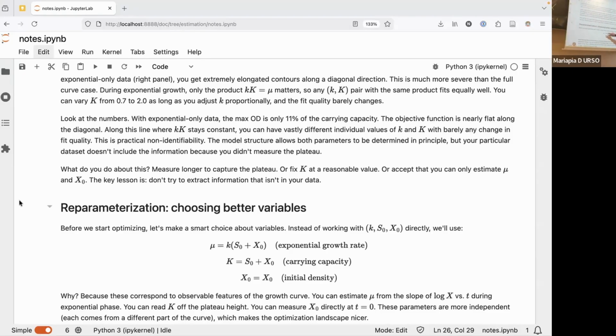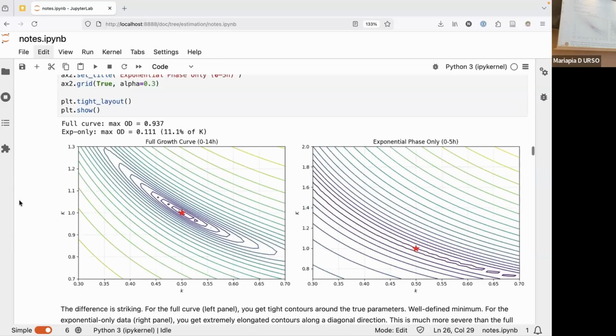In our original parameterization, we could not figure out capital K or small k, either one of them, but we can completely identify, even at the start, in that exponential phase, small k times capital K. And let's call that mu. Okay, so sometimes you have to rethink a bit what you're doing.